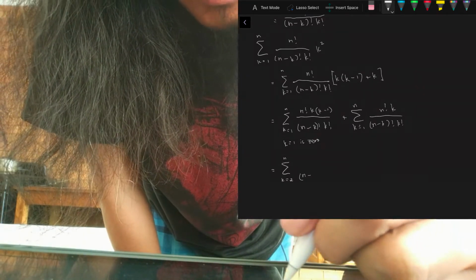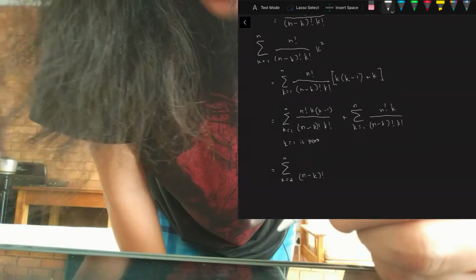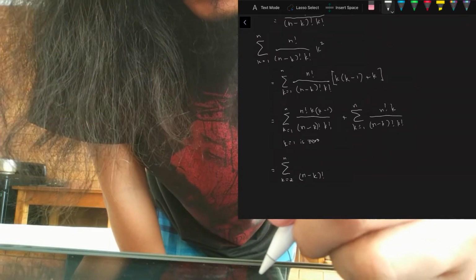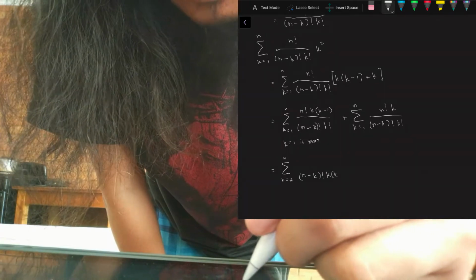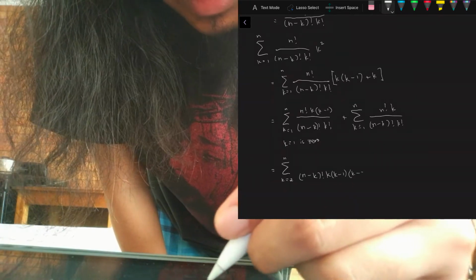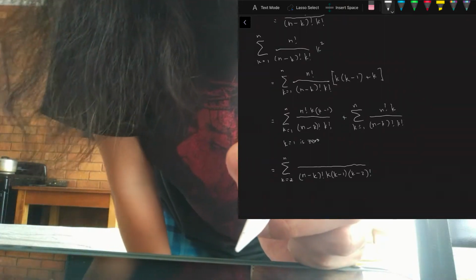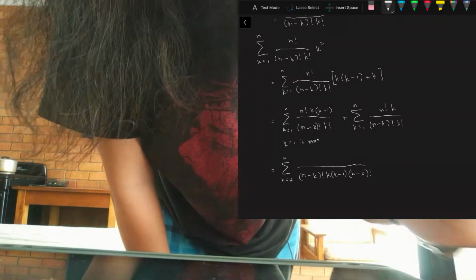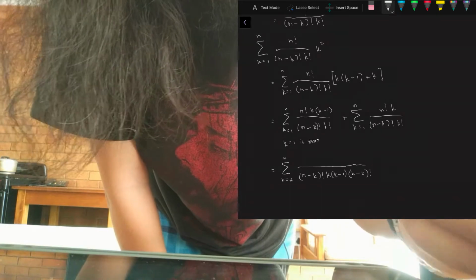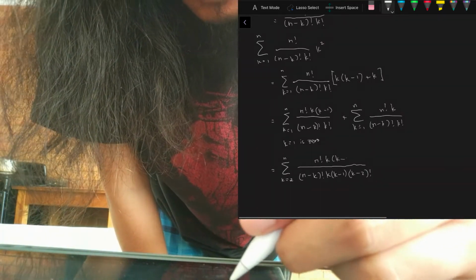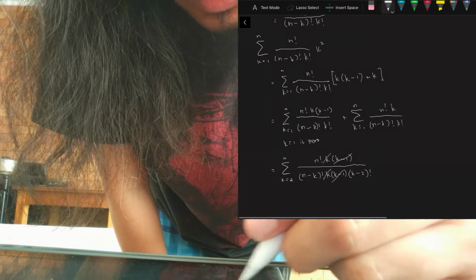So you have in the denominator n minus k, and then in anticipation of the factors k and k minus 1 in the numerator, let me write k factorial as k times k minus 1 times k minus 2 factorial. So this is what I meant, that your k squared, when you write it as k times k minus 1 plus k, interacts with your k factorial. So you have n factorial k k minus 1. So these things, of course, will cancel with this one.